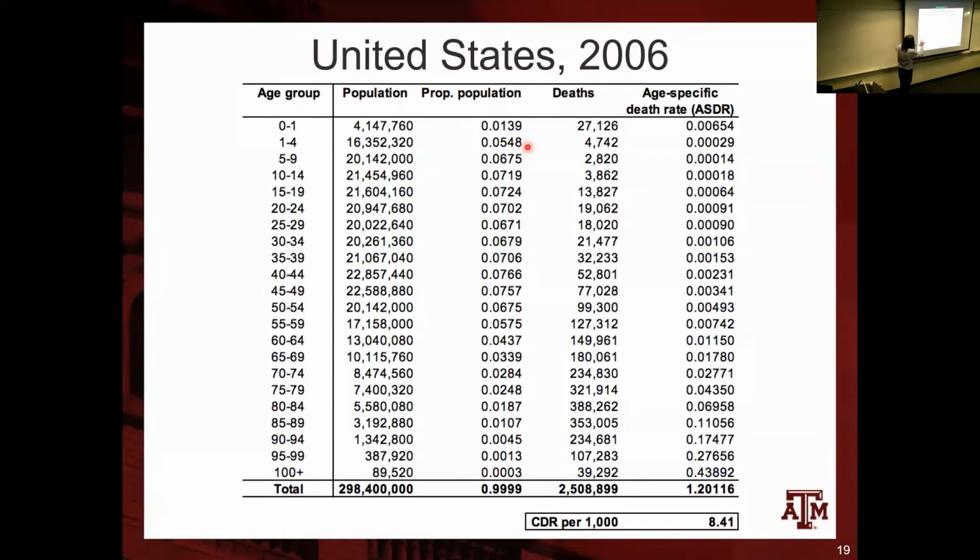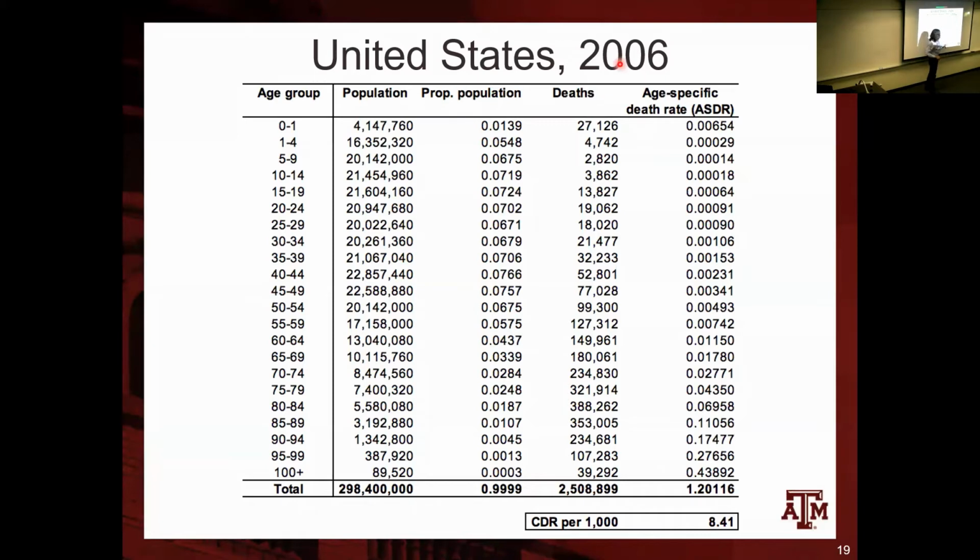So for now, which kind of data did I have to collect? I had to collect the size of the population by age group, and I had to collect the number of people who died by age group for that same country in that same year. How do we calculate the crude death rate? The original one, we don't care about age group, right?